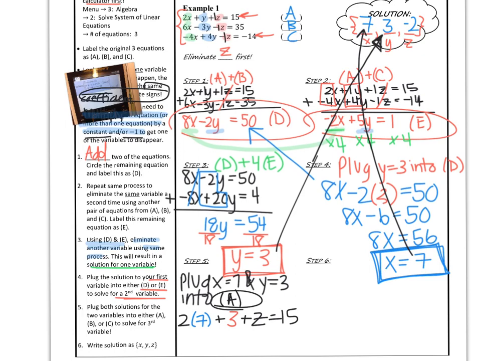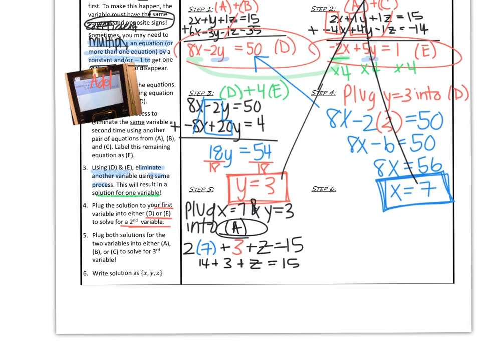All right, so we're going to solve this. This is 14 plus 3 plus z equals 15. 14 plus 3 is 17 plus z equals 15. Subtract 17 and we have z equals negative 2.